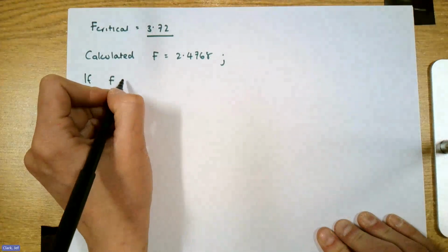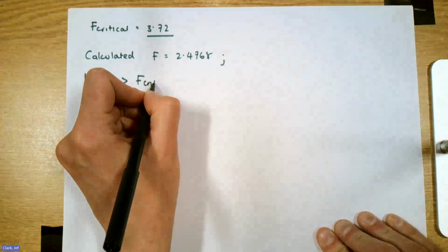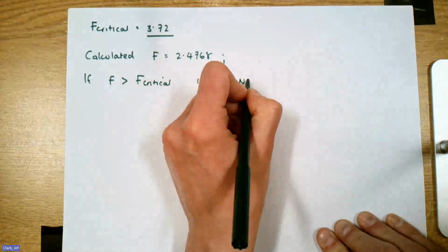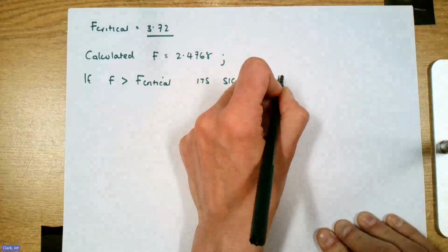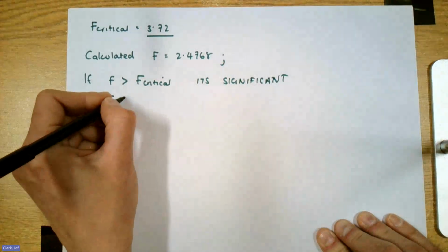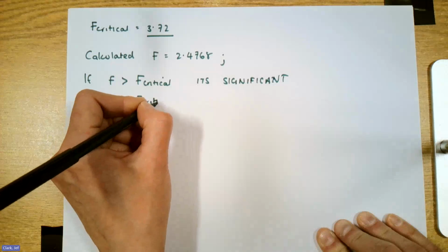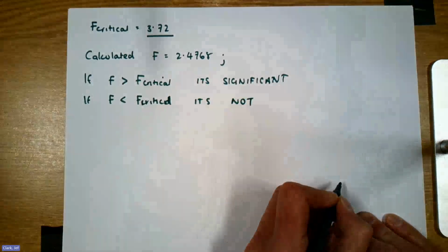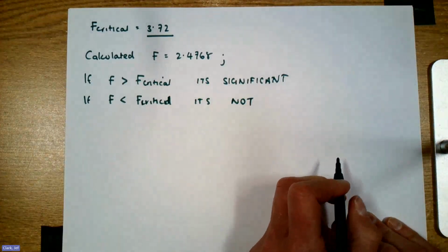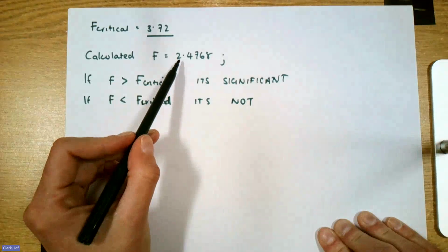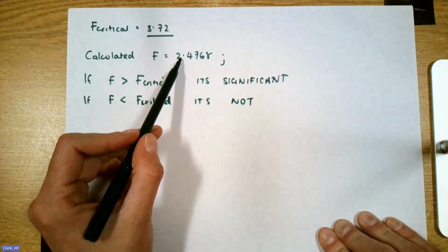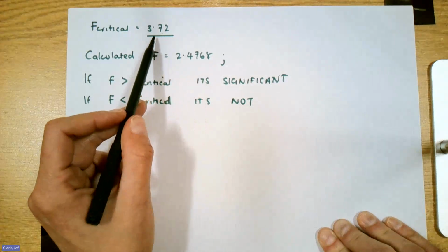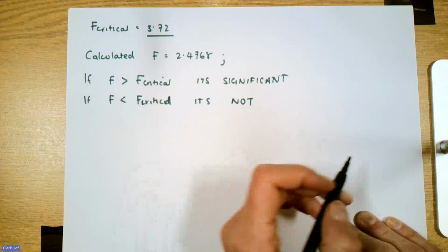If F is greater than F critical, it's significant, and if F is less than F critical, it's not. So we've calculated an F value of 2.48, which is less than 3.72.